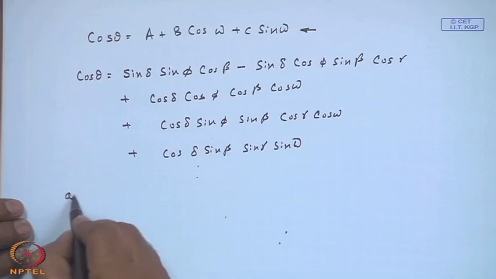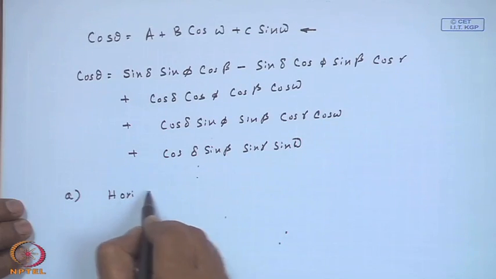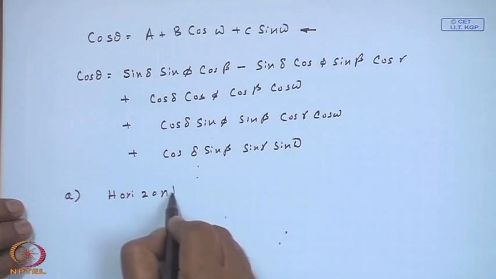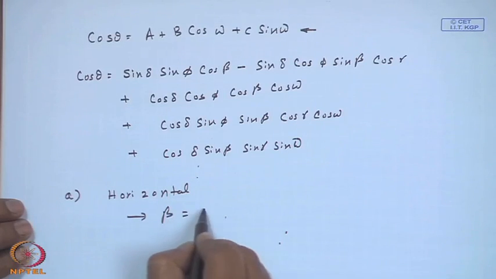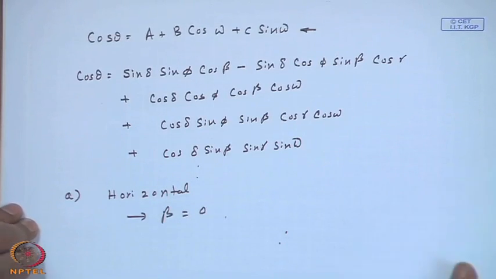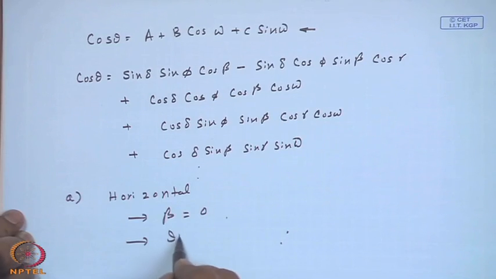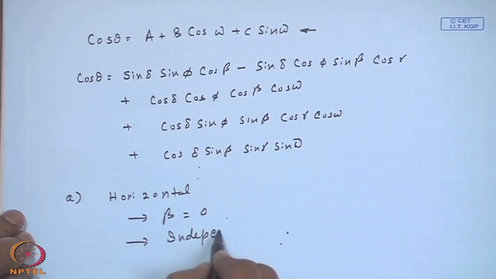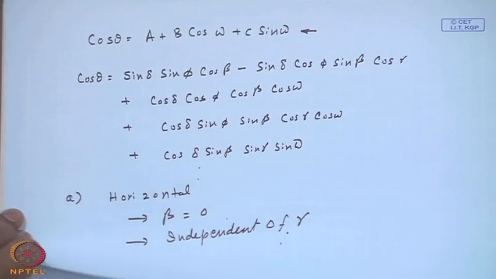So, a horizontal surface, right. What we can have is beta is 0. This also becomes automatically independent of gamma.